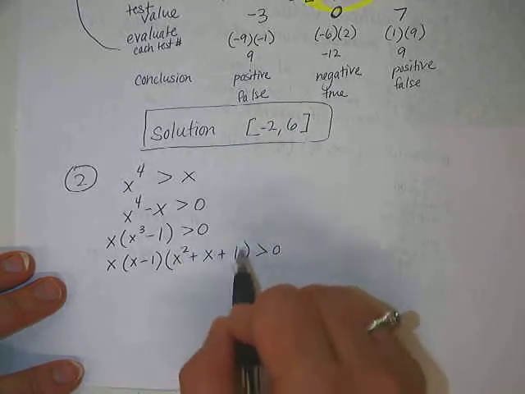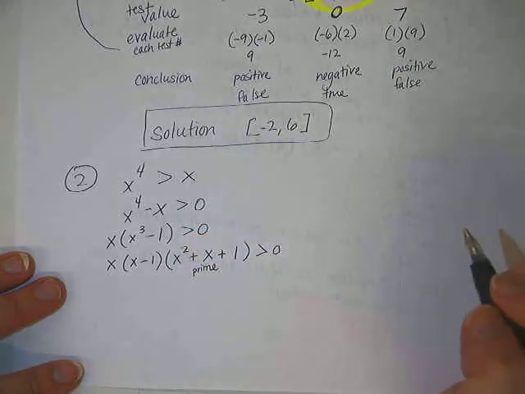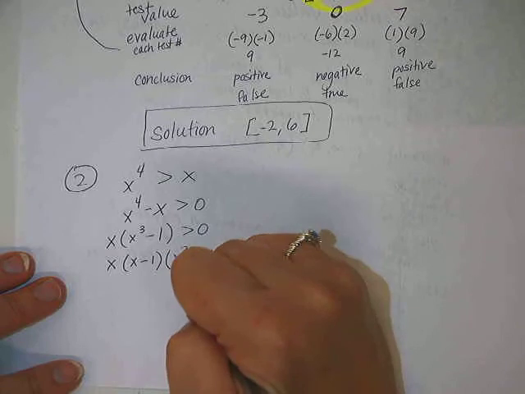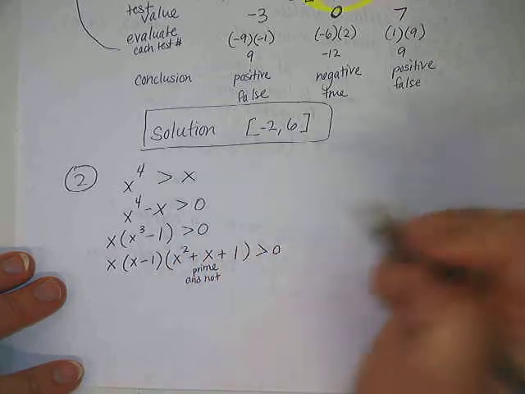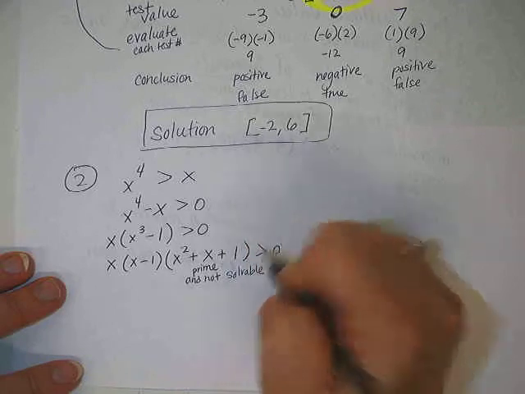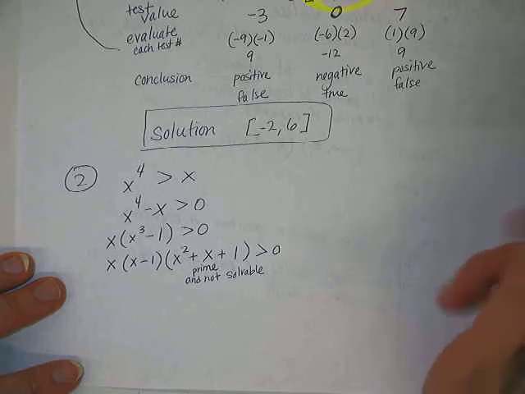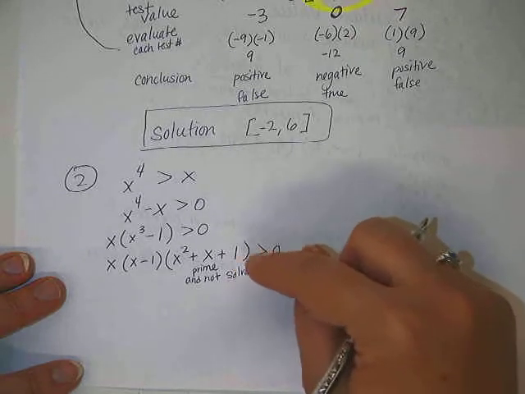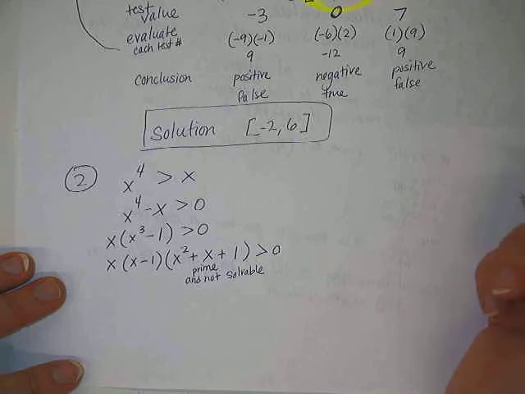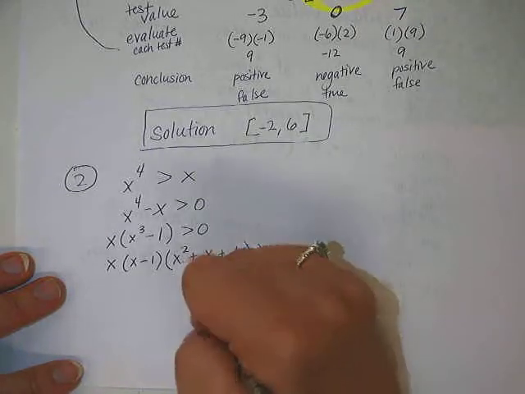So that's just following our difference of cubes formula. The difference of cubes formula always gives a quadratic that is prime. It is not solvable. It is not factorable. The answers would be imaginary. So we cannot use that to find critical values because critical values can only be actual real numbers on a graph.